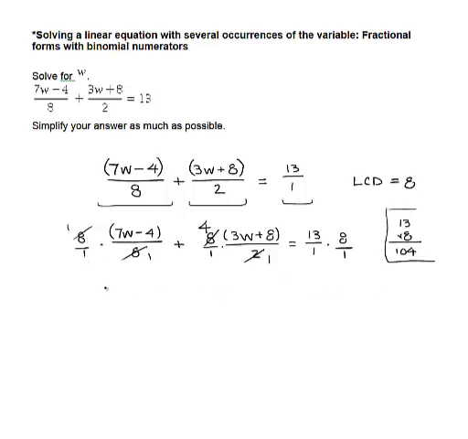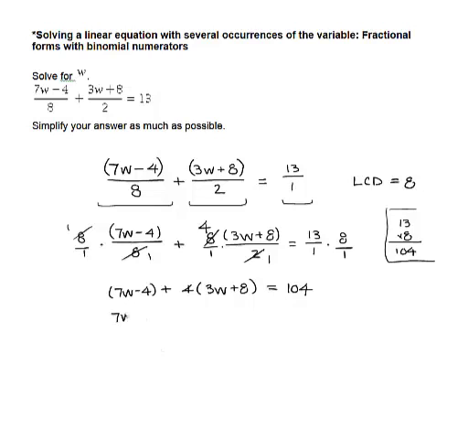So I'll go ahead and rewrite my equation. I have 7w minus 4 plus, I have a 4, and I want to multiply that by the binomial 3w plus 8, and all of that equals 104. So now that looks like a much more reasonable equation for me, right?